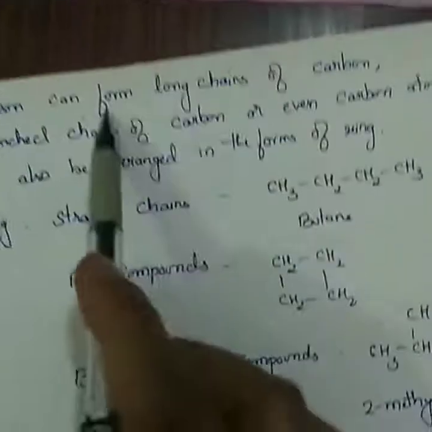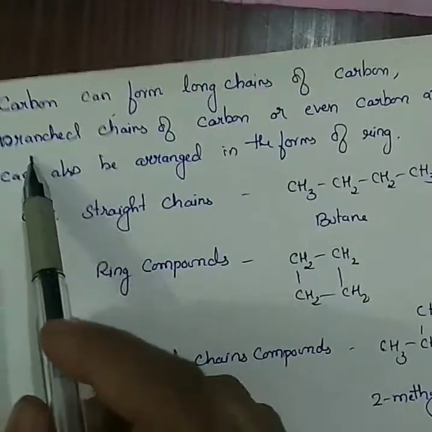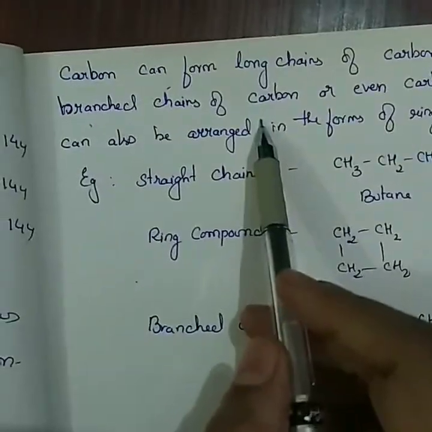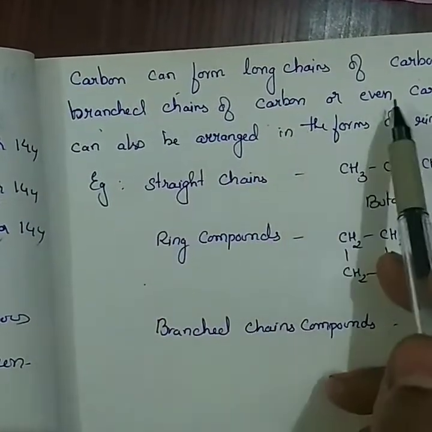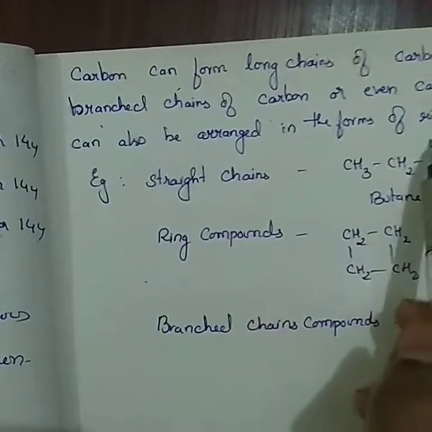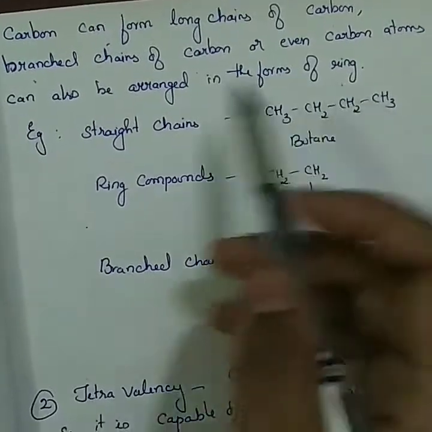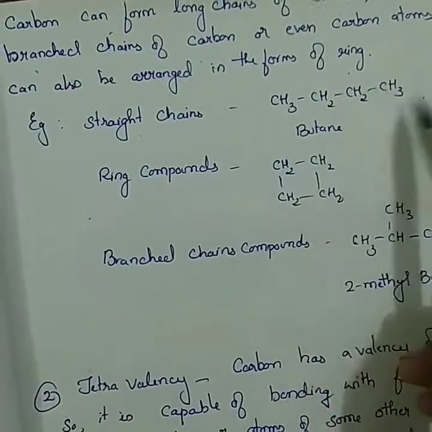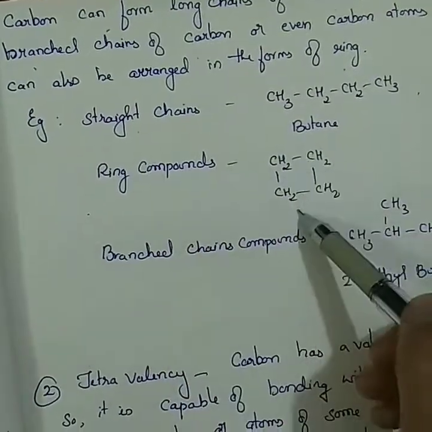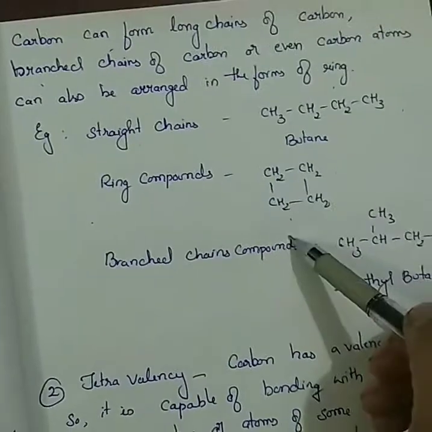Carbon can form long chains of carbon in the form of branched chain compounds. Even the carbon can also be arranged in the form of a ring. Give the examples of all. Straight chain like butane, pentane, hexane. Ring compounds: cyclobutane, cyclopropane, cyclohexane.